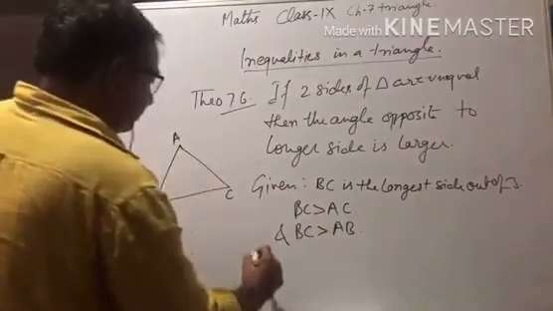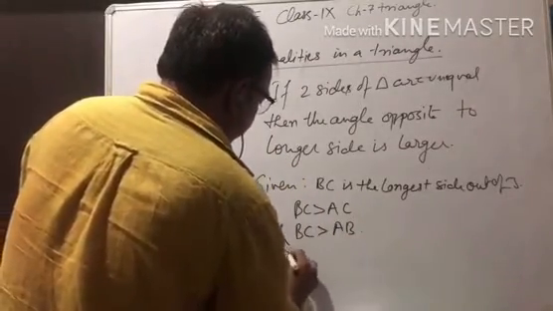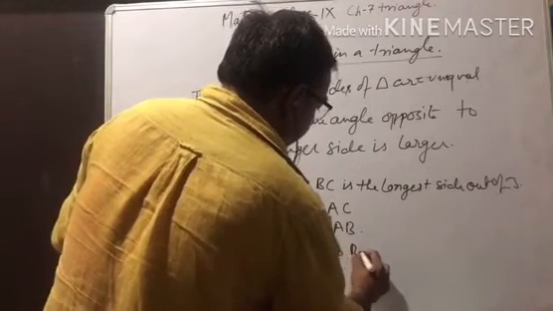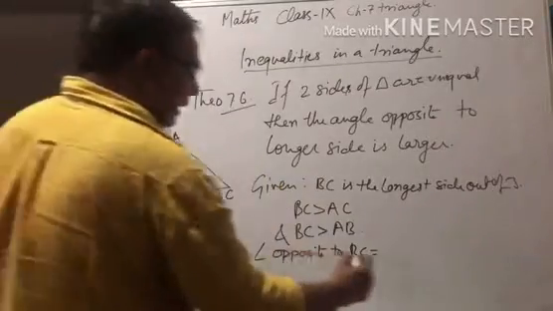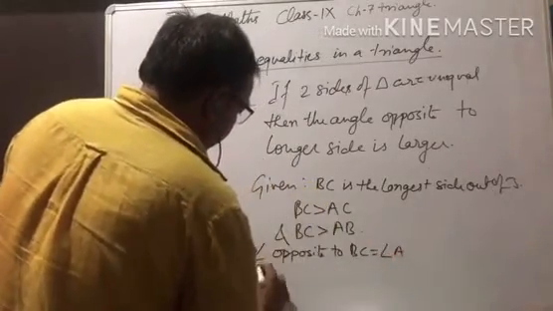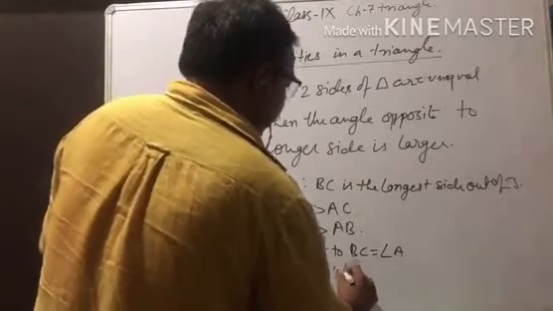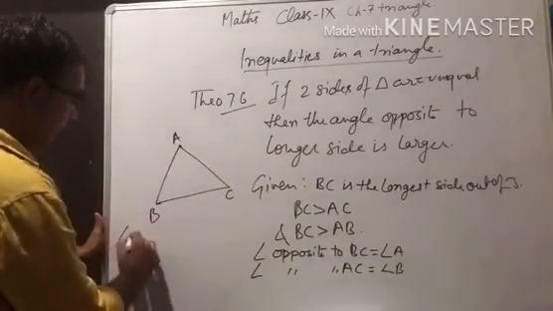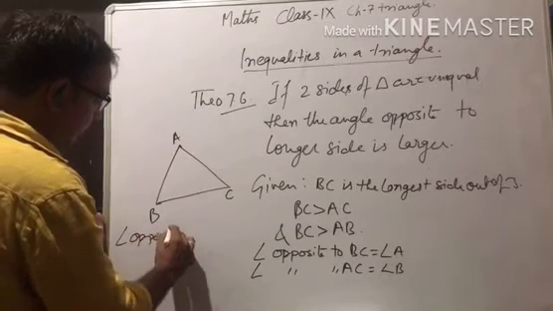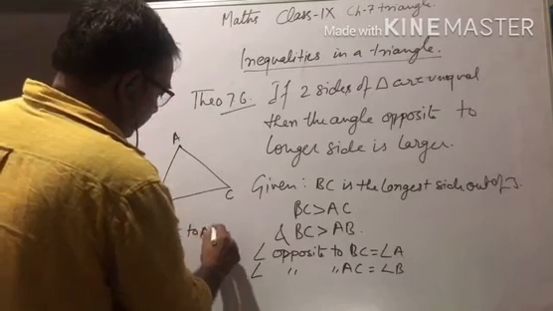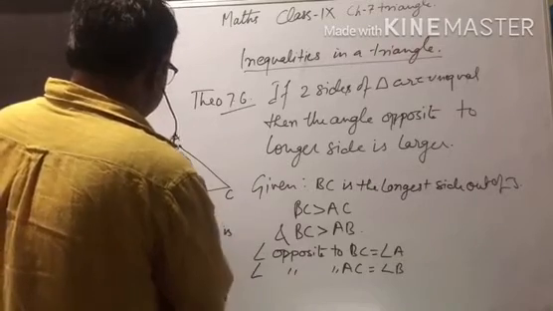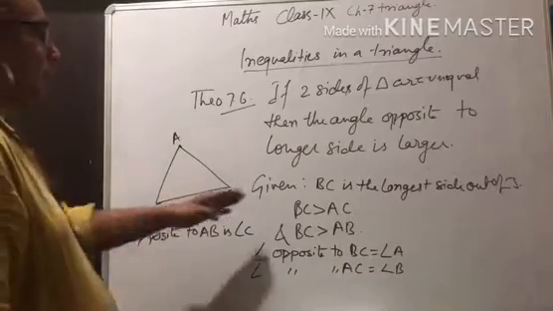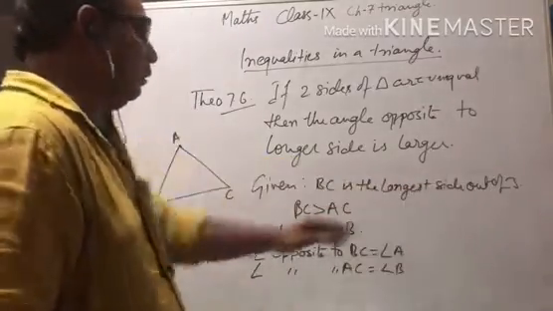And we know that the angle opposite to BC is angle A and the angle opposite to AC is angle B. The angle opposite to side AB is angle C. Now it is given that BC is the longest side out of 3.